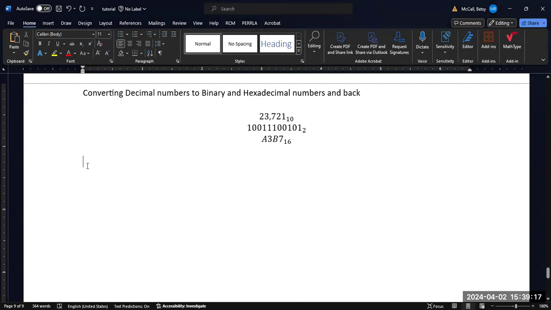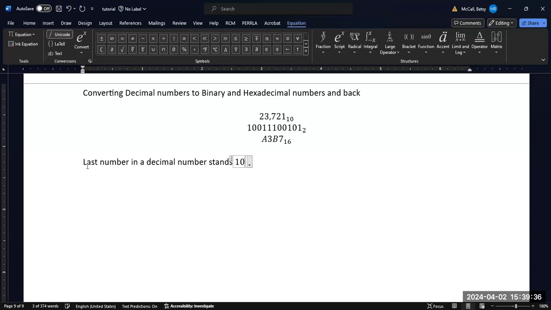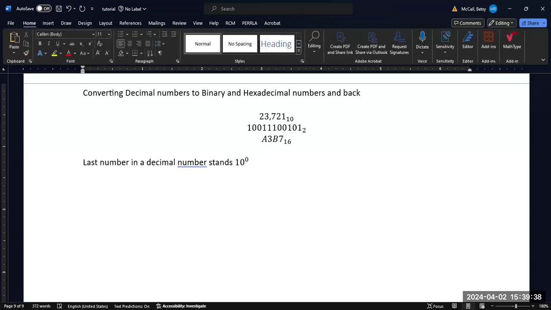Now, the easiest way to think about this is to remember what decimal numbers stand for. The last digit in a decimal number stands for the multiples of 10 to the 0 power.